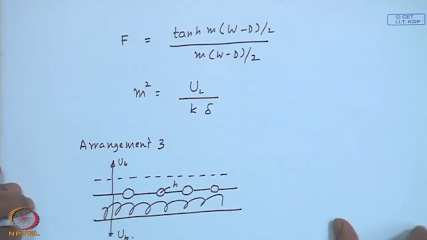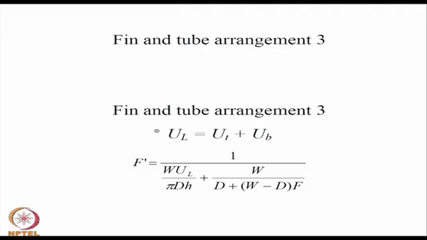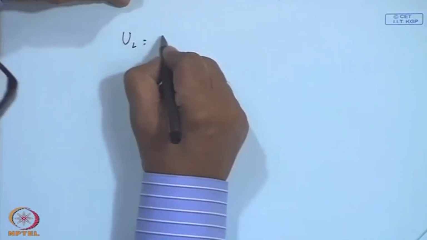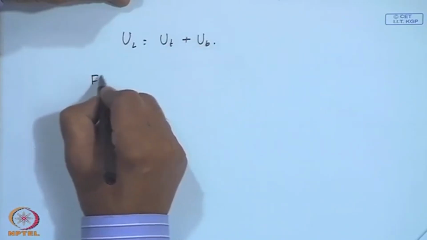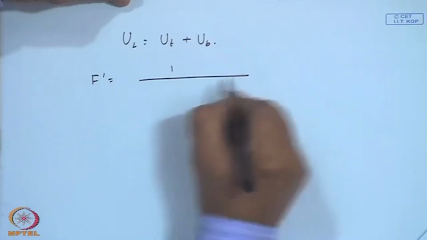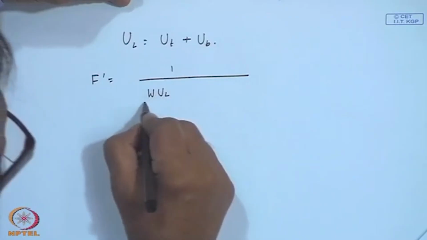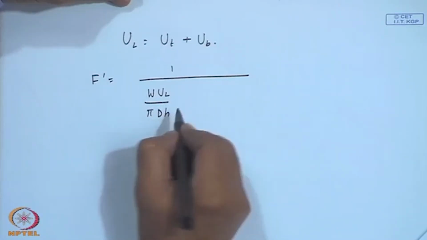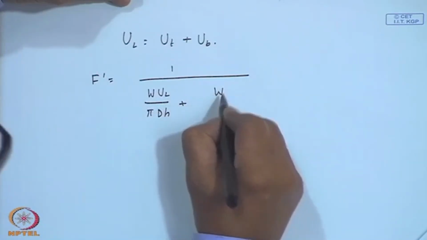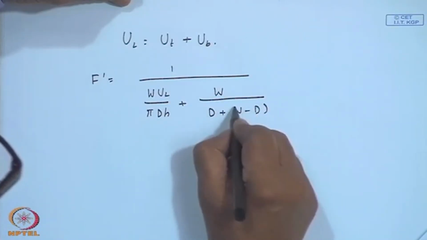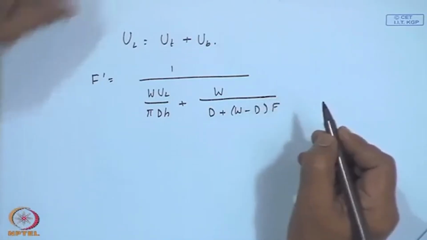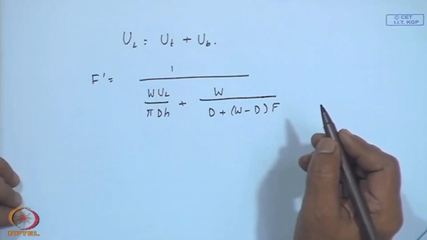If you have this arrangement, UL is, though it is obvious, we will write it, because there are cases when it is not, and F dashed is 1 upon W UL by pi d H plus W by d plus (W minus d) into F. F is the fin efficiency, H is the heat transfer coefficient, as we have been defining n number of times.